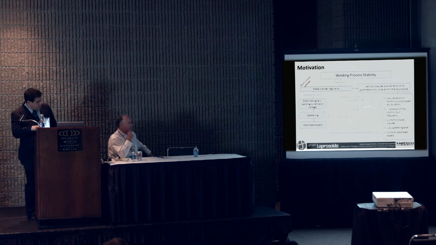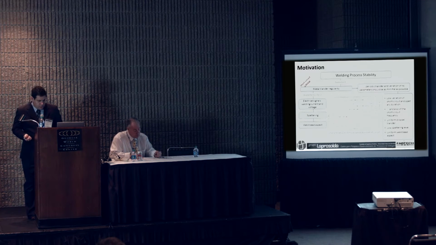But again, what we're trying to reach is a stable short circuit period of time and also the open arc period of time. By measuring the electrical signals, voltage and current, we try to say, okay, by measuring that, we reach a nice visual aspect of the weld bead or not.